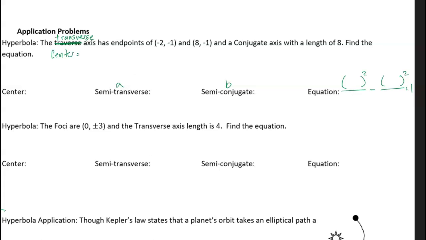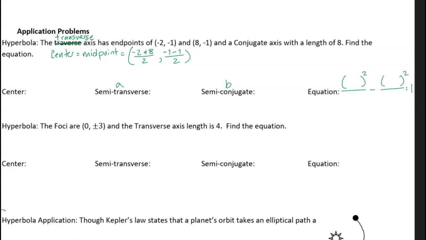So the center is equal to the midpoint. Either you can just average the 2 points together by adding them together and dividing by 2, or you can remember the midpoint formula, which has you take the x values, add them together, and divide by 2. Take the y values, add them together, and divide by 2.